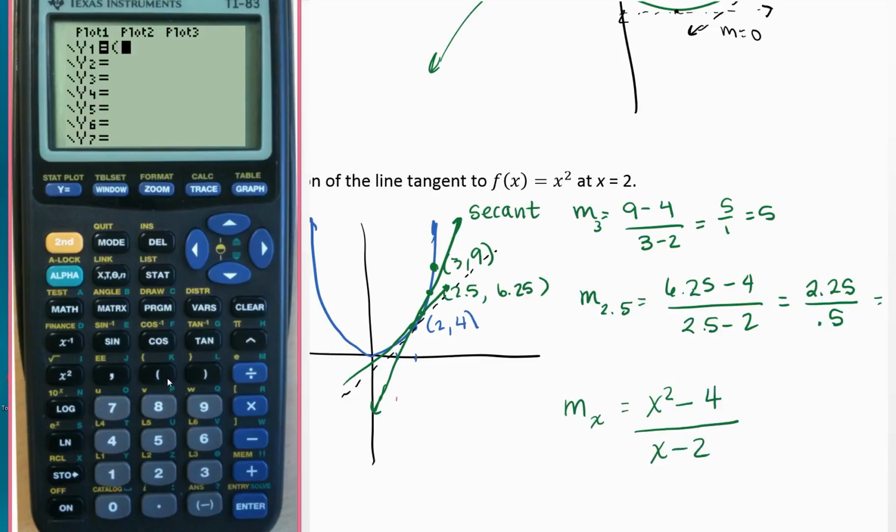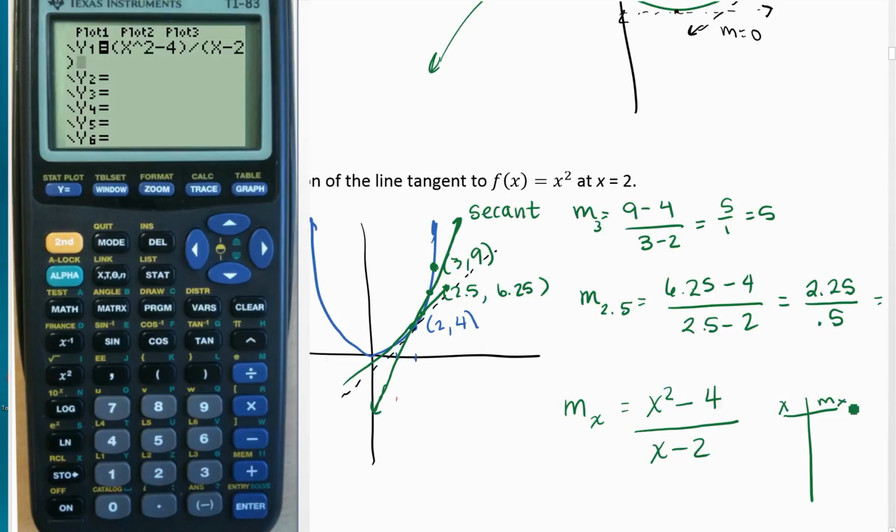So let's go to our y equals and let's put in x squared minus 4 over x minus 2. Okay, and like I said, we're taking values that get closer and closer to 2. So let's make a little table.